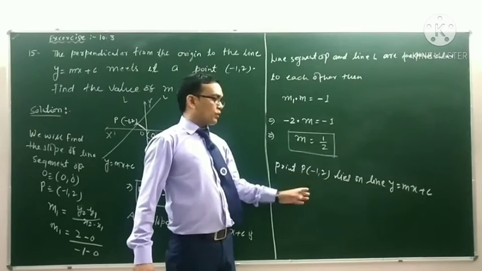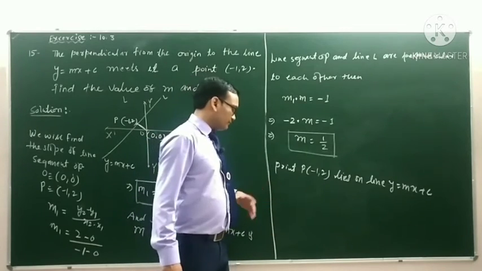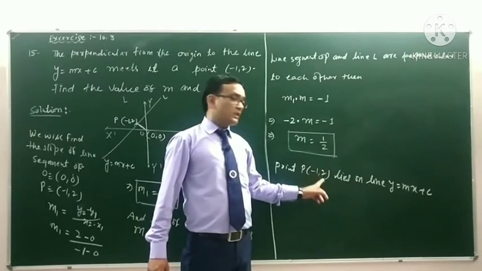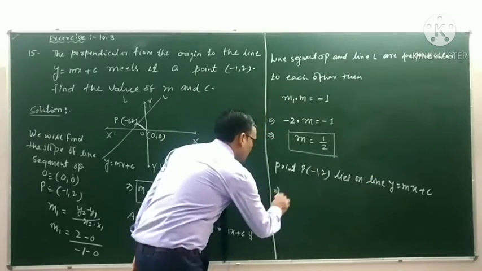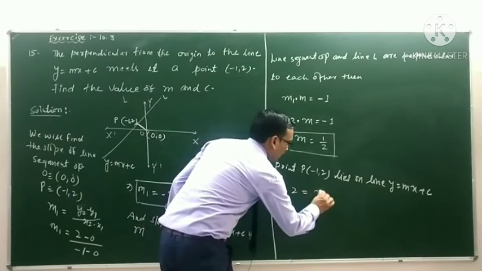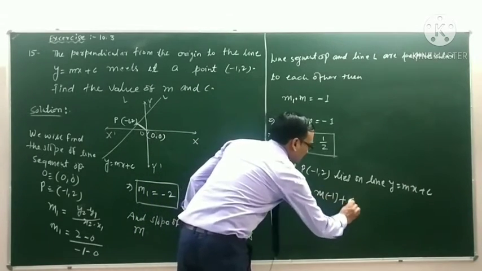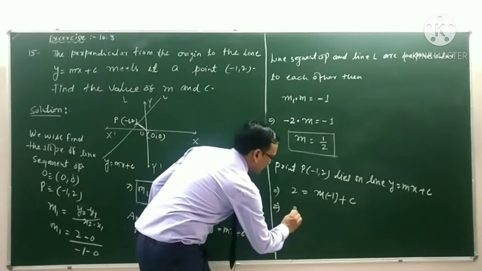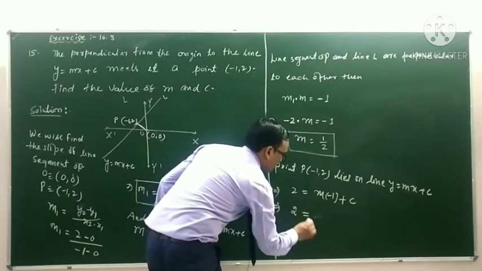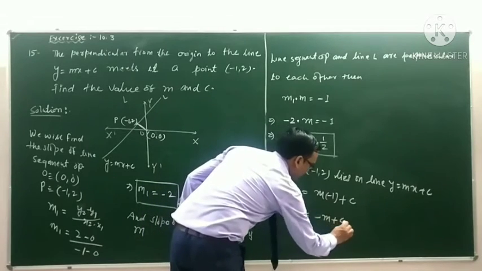We put x equal to minus 1 and y equal to 2 in this equation. This implies that 2 equal to m into minus 1 plus c, so 2 equal to minus m plus c.